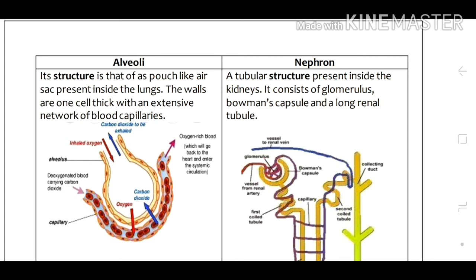The walls are one cell thick with an extensive network of blood capillaries. Nephron: a tubular structure present inside the kidneys. It consists of glomerulus, Bowman's capsule, and a long renal tubule.